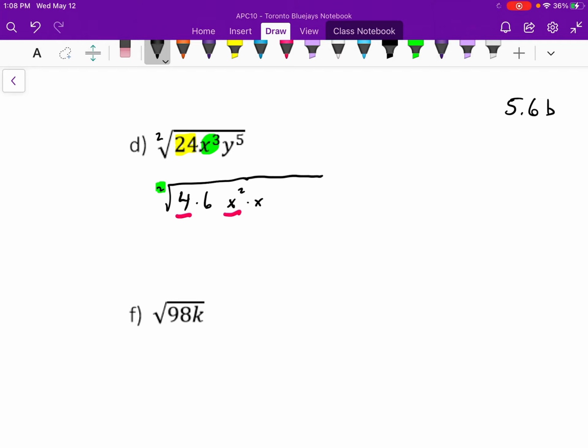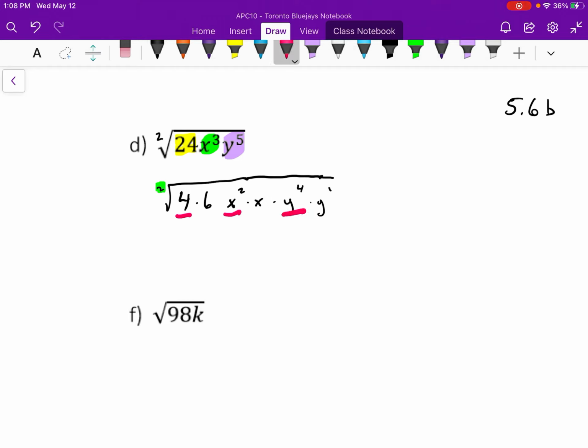Now, y to the power of 5, I'm going to decompose. Since my index is 2, I'm going to split up the exponent into y to the power of 4 times y to the power of 1.